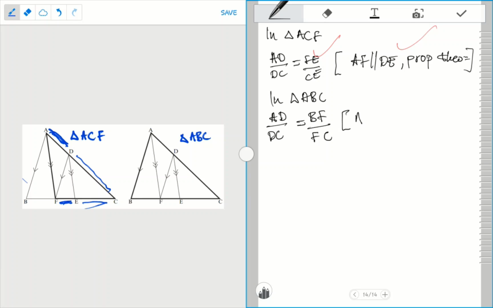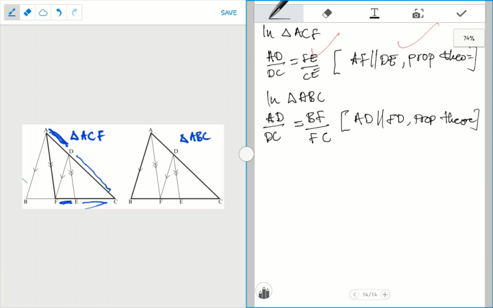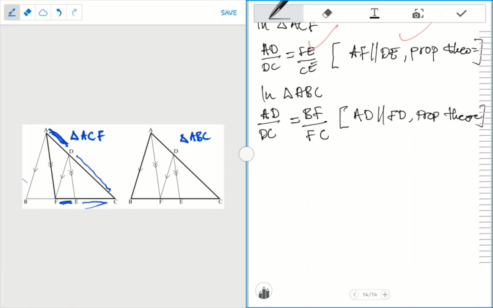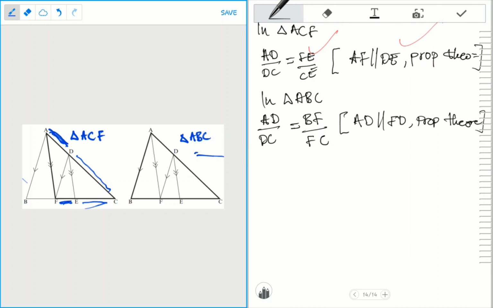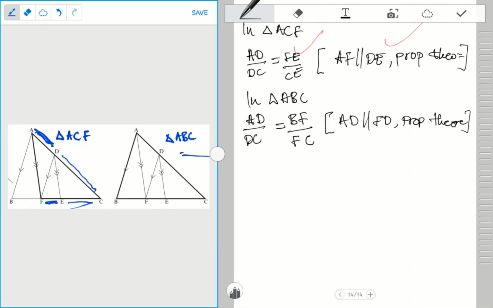AD is parallel to FD. Proportional theorem. I'm trying to be as slow as I can, so that you can understand and get it.